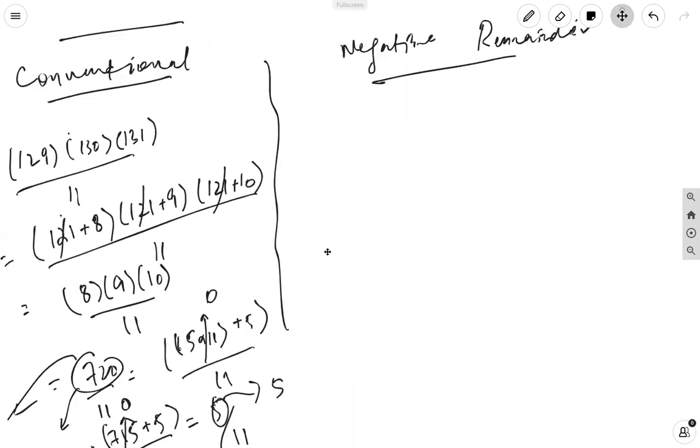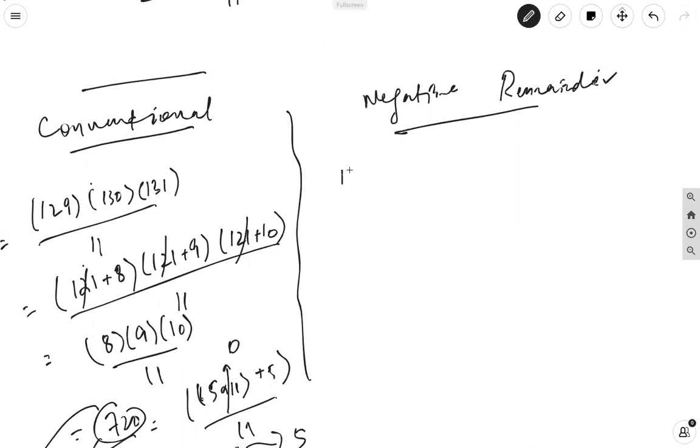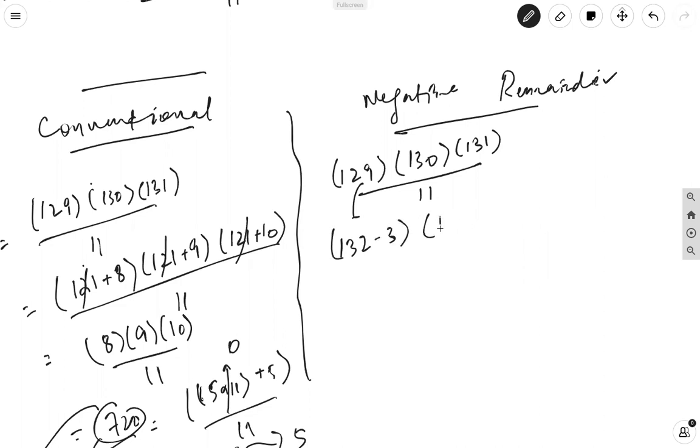Now let's move to the negative remainder concept. We have 129 into 130 into 131 divided by 11. What is the multiple of 11 greater than 129? That is 132. We can write this as 132 minus 3, into 132 minus 2, and 132 minus 1.